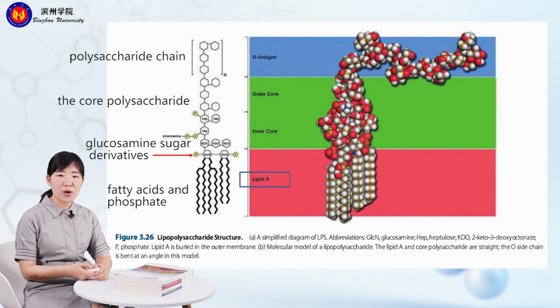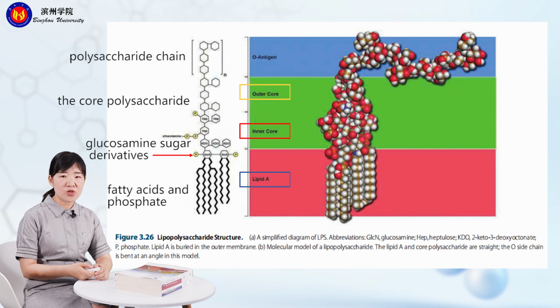The core polysaccharide is separated into outer core and inner core, and joined to lipid A, and is composed of 10 sugars, many of them unusual in structure.